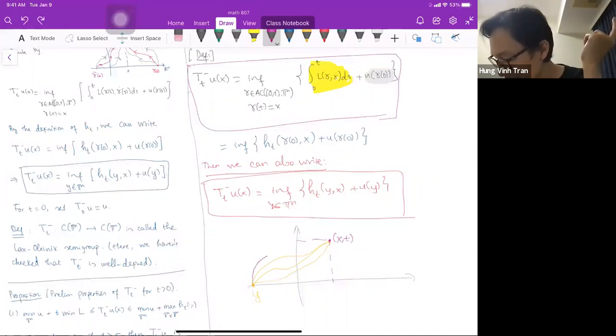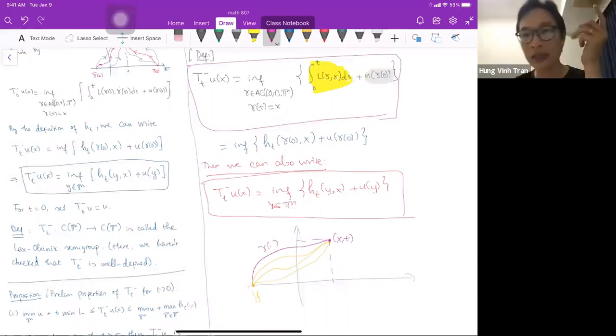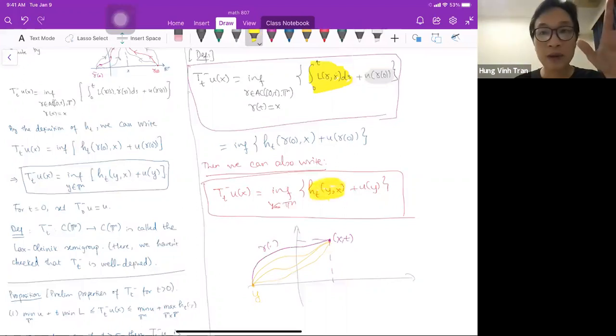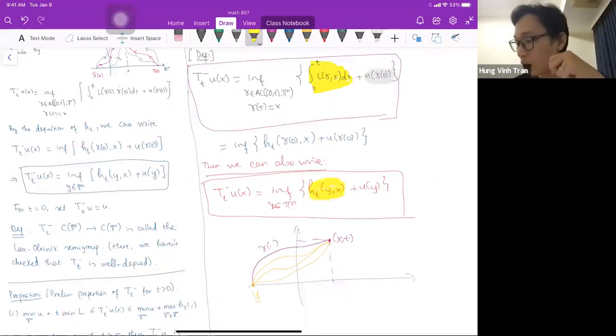This one is the one that gives me the minimum cost connecting y to x, right? And then my problem is more complicated because it's coupled: not just the minimum action on this h t functional, but once I find a minimum path, then I'm adding the terminal cost into account, and so I'm doing kind of a double minimization problem, right? Okay.